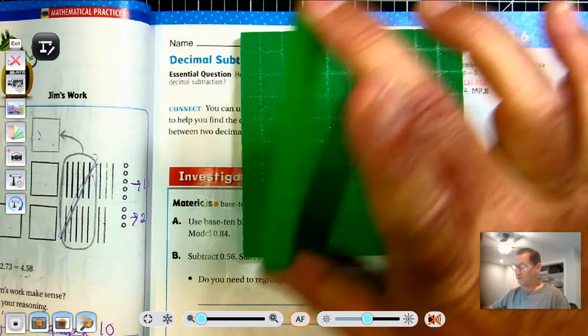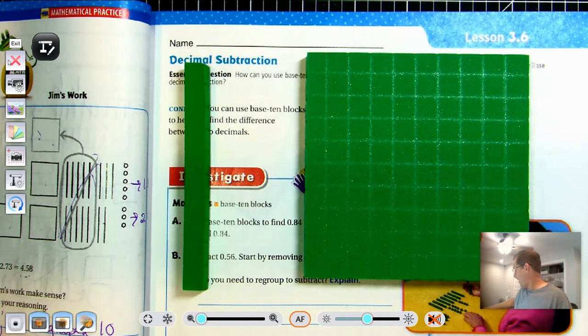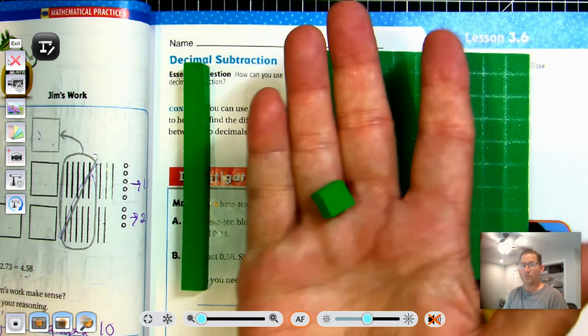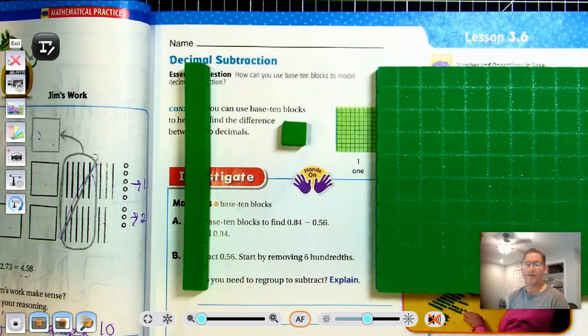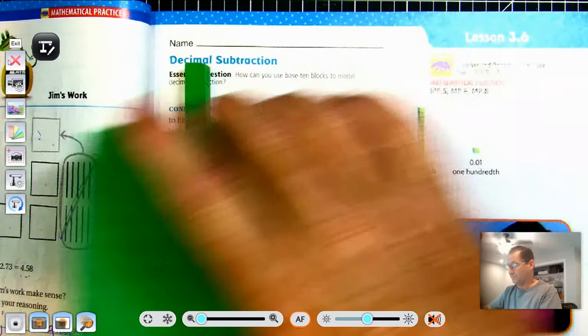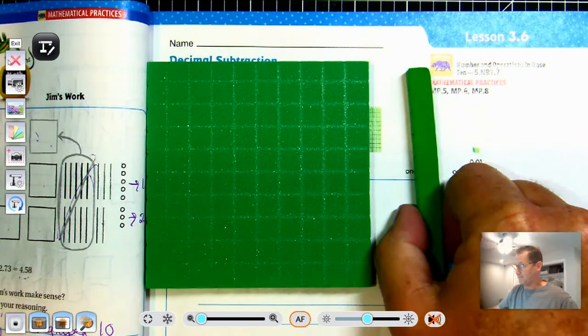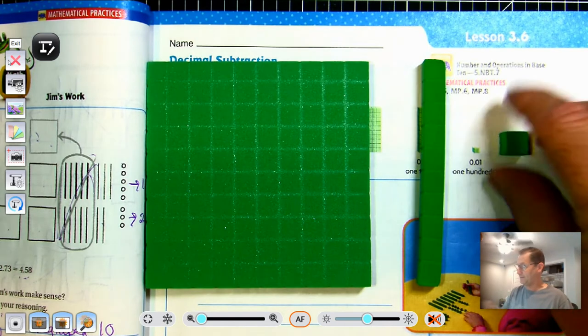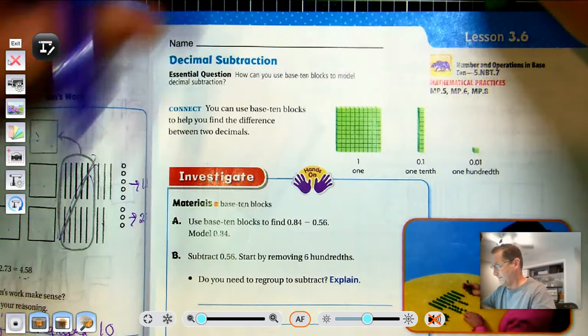So these are 1/10 of one. And we'll use the base 10 units, the little squares, to represent 1/100th. So in order, it would be ones, tenths, hundredths. All right, so let's keep that in mind.